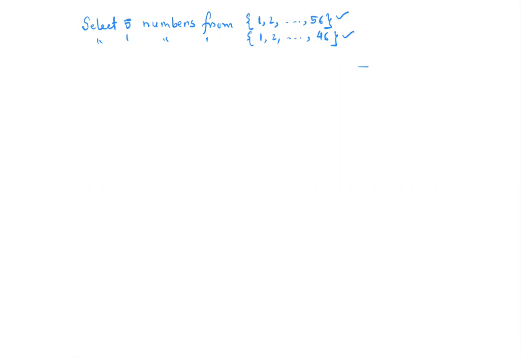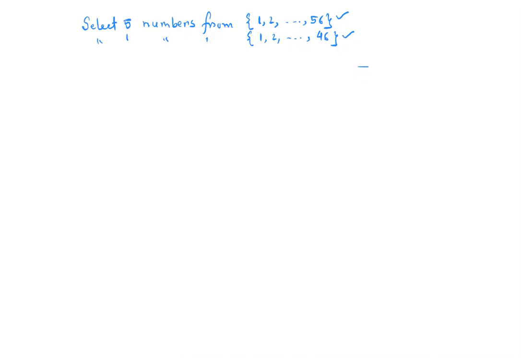If you match the mega number and the 5 different numbers, then you will be winning the lottery. Now you can think of these, by the way, as 2 different events.